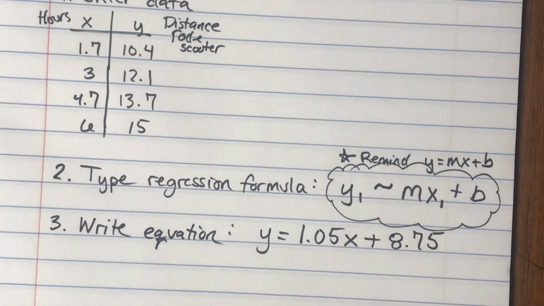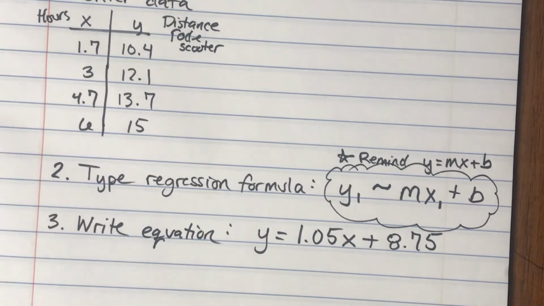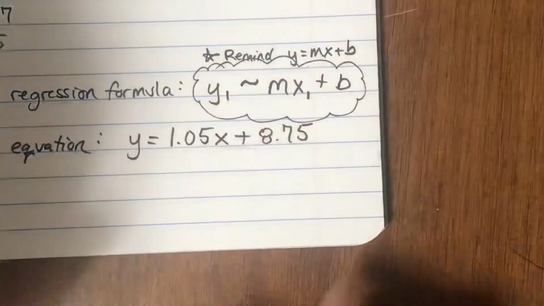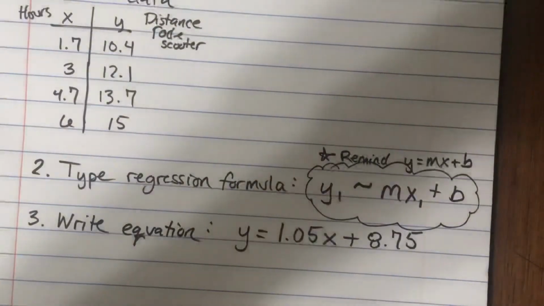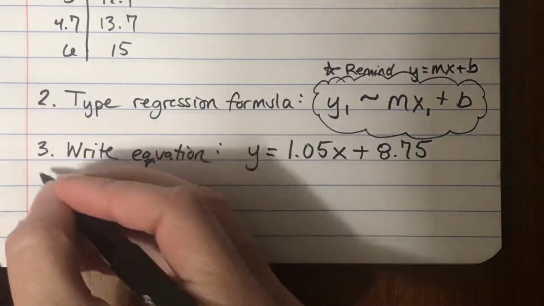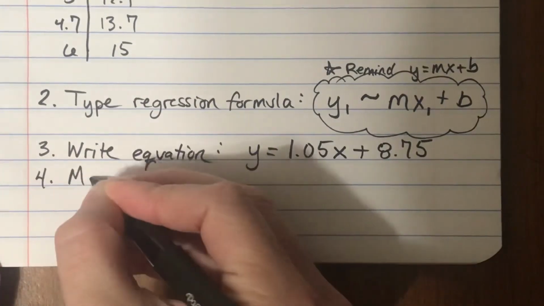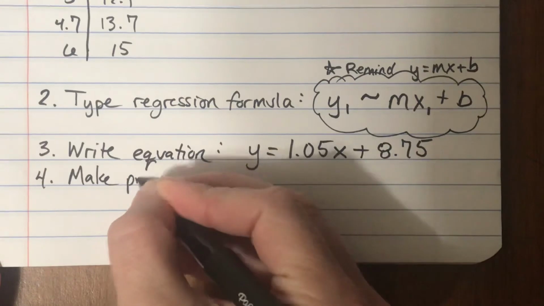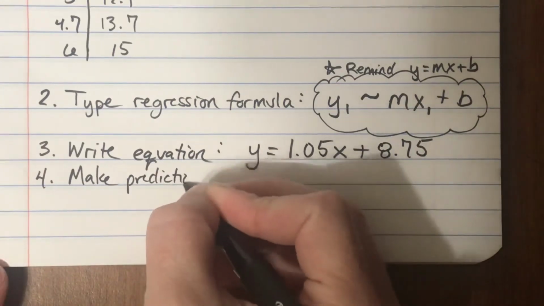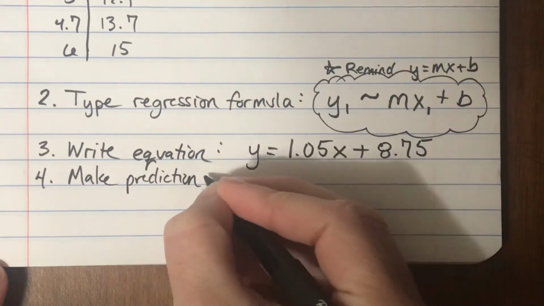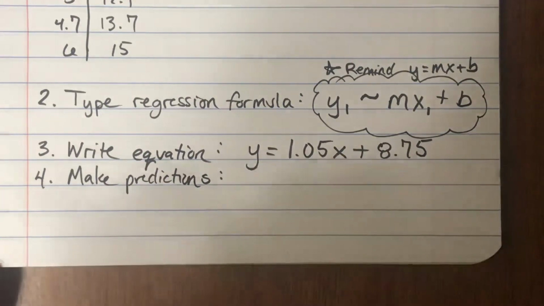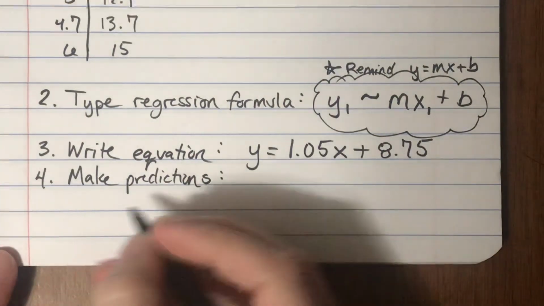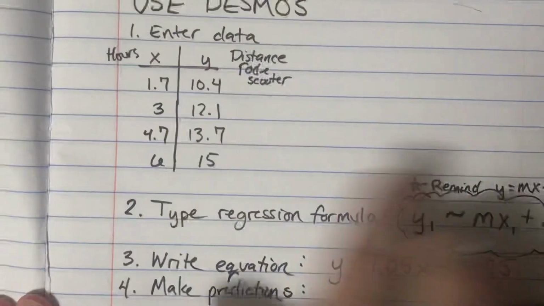All right? The last thing that we're going to do with this set of data is make predictions. For the last part, we don't have very much room on our notes, but we can make it work. We're going to make predictions. Now remember, think about the data we're dealing with here.